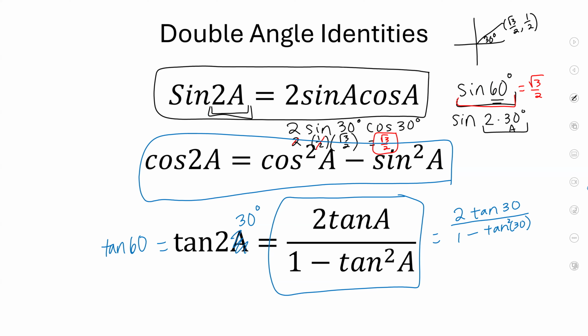Do you guys know what tangent is equal to at 30 degrees? Thank you, Luke. Square root of 3 over 3. So this is 2 square root of 3 over 3 over 1 minus square root of 3 over 3, and I have to square it.